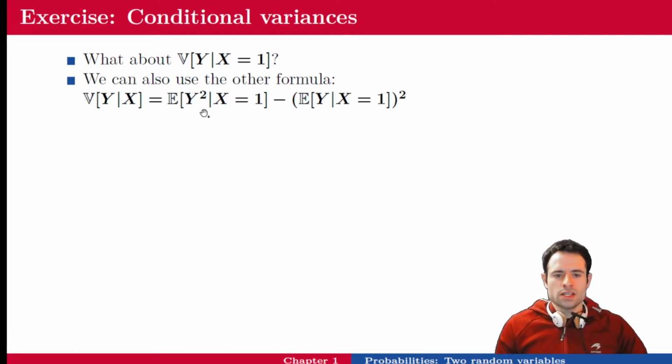So let's compute the conditional expectation of y squared conditional on x is equal to 1. Note that this one, we already found it 2 slides ago. So this second part is pretty much done. We just need to square it up. This is what we have left to do.